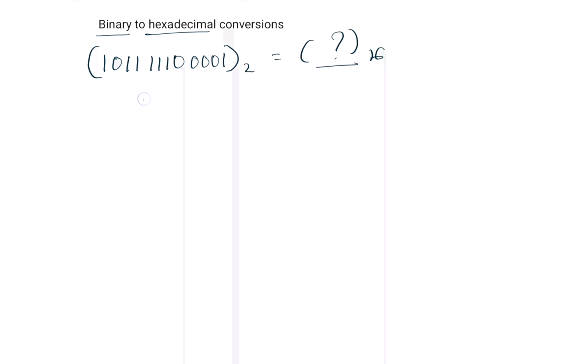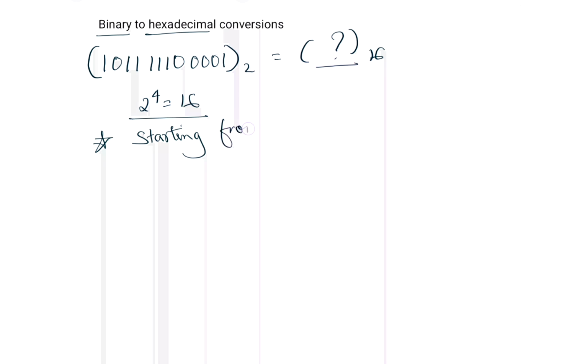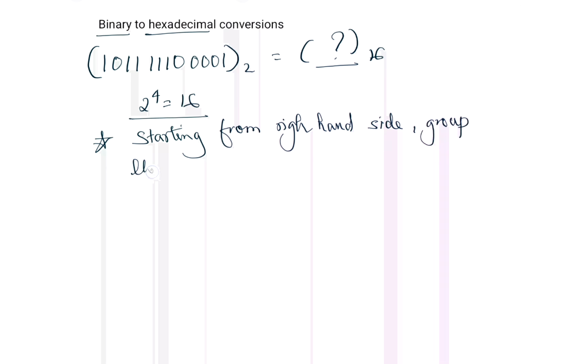Use the relationship 2 to the power 4 is equal to 16. What does that mean? That simply means starting from the right hand side. And why is this? Because numbers always work from right to left. Right hand side, group the digits in 4.